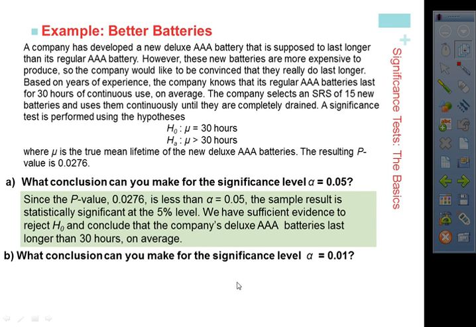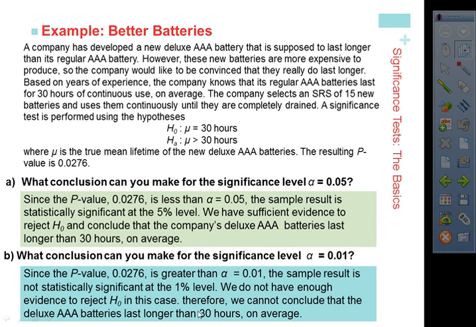We do not have sufficient evidence to reject the null. Therefore, we cannot say that the new batteries last anything longer than 30 hours on average. Okay? So here it is again, written the other way, which is what I just said. Your p-value doesn't change, but your alpha level can change.